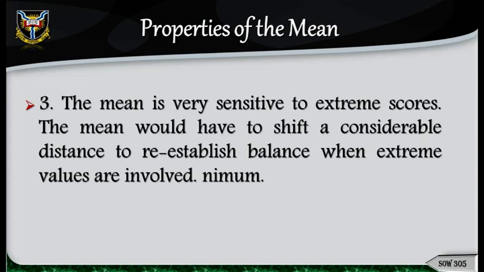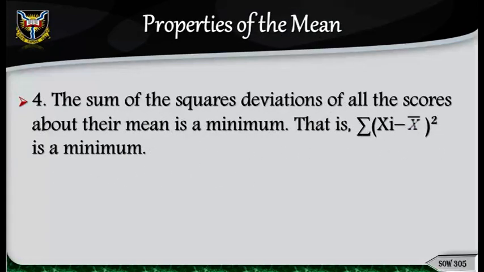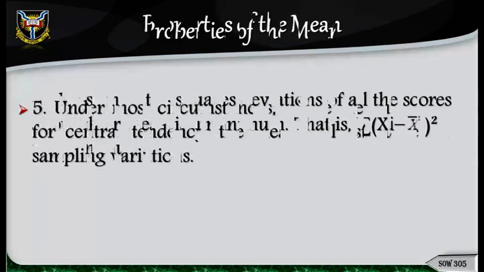The mean will have to shift a considerable distance to re-establish balance when extreme values are involved. 4. The sum of the squared deviations of all the scores about their mean is a minimum. That is, Σ(xi − x bar)² is a minimum.